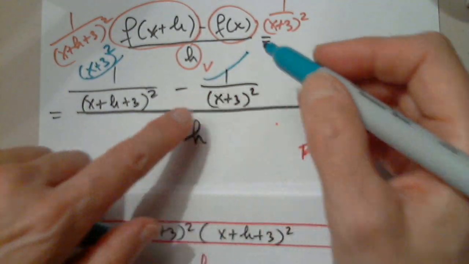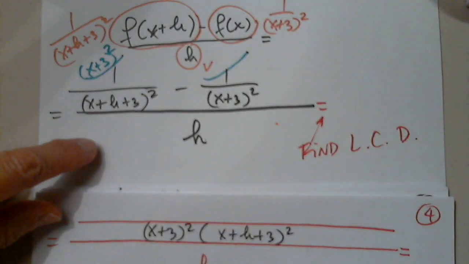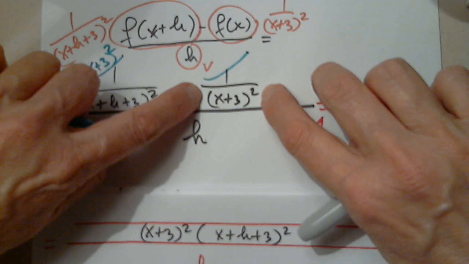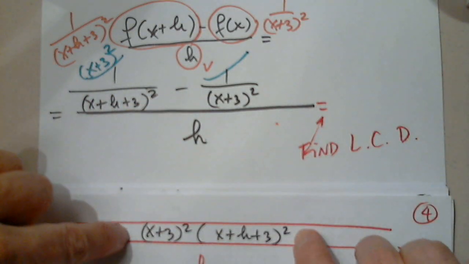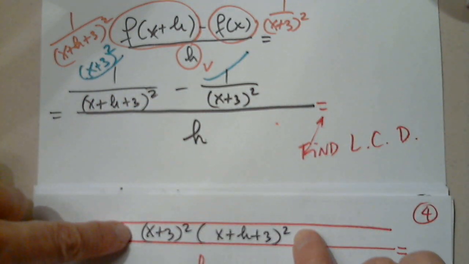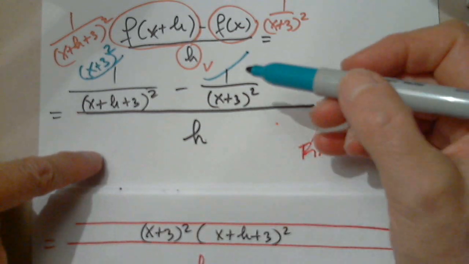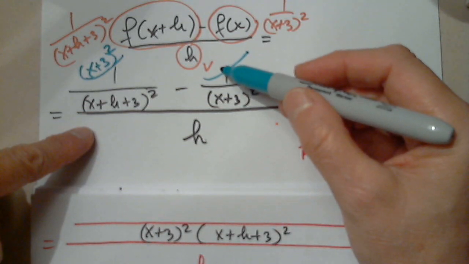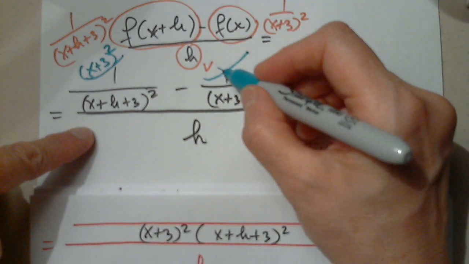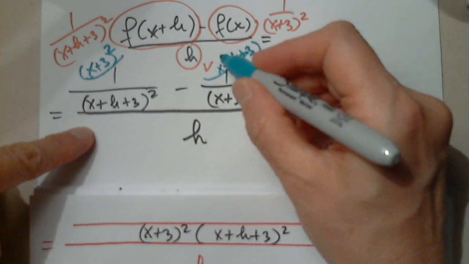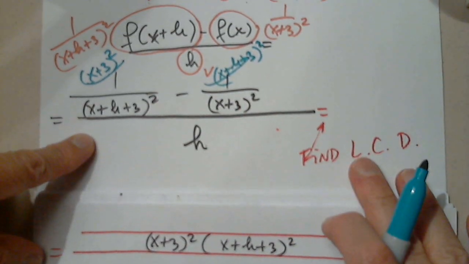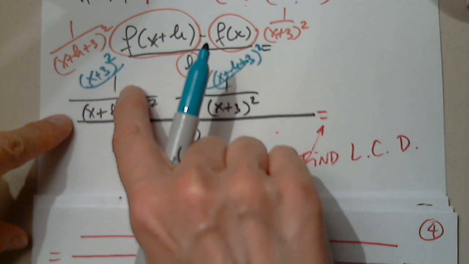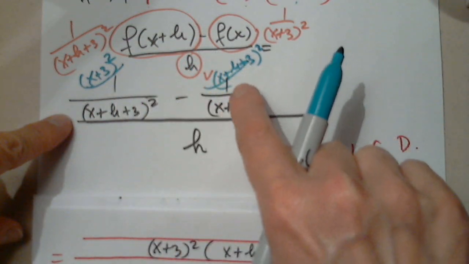And this one, I know it's silly, it's clear, but let's say it again. This was multiplied by what to get this? X plus h plus 3 squared. Yes. So now the numerator is this times this minus this times 1.